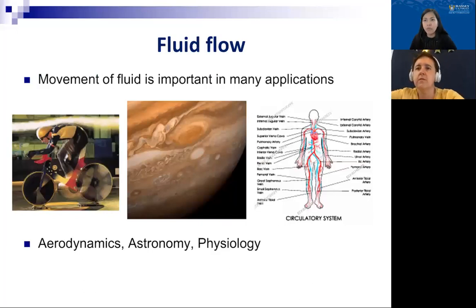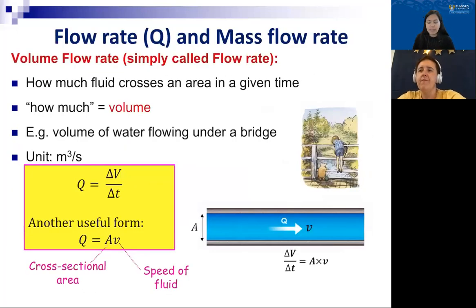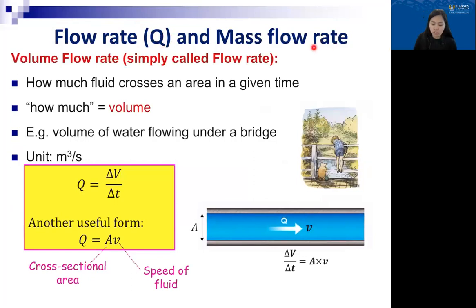So when we say fluid flow, we can define a quantity called flow rate. Flow rate, which we give the symbol capital Q, and later on mass flow rate. So let's talk about flow rate, or Q, first. When we say flow rate, strictly speaking, what we mean is volume flow rate.